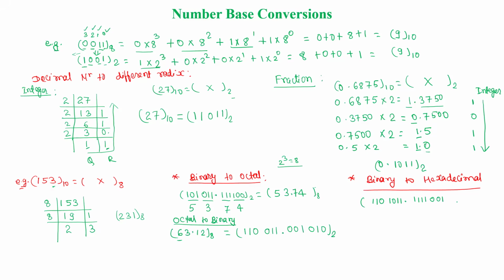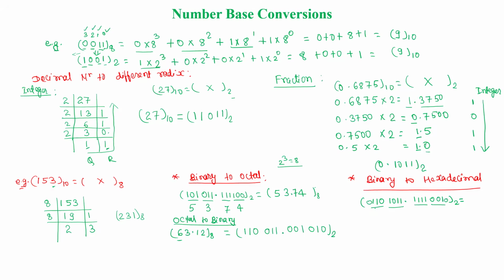This is the binary number, and we have to convert it into hexadecimal. For this, we have to make combinations of 4 bits. The reference point is the decimal point. So the combination of the first 4 bits. Again, the next combination is not possible, so we'll add 0 here. Again here, a combination of 4 bits. The next combination is not possible, so we'll add 0.